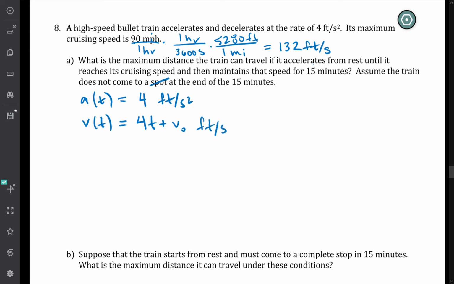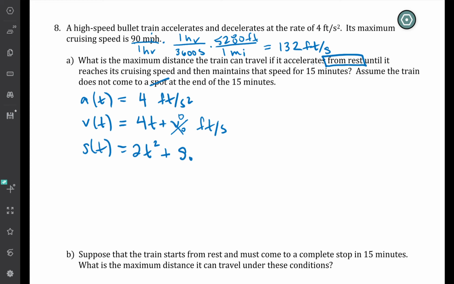In this problem, we're starting from rest, so our initial velocity is 0, which means that our position function is going to be 2t squared plus s naught.